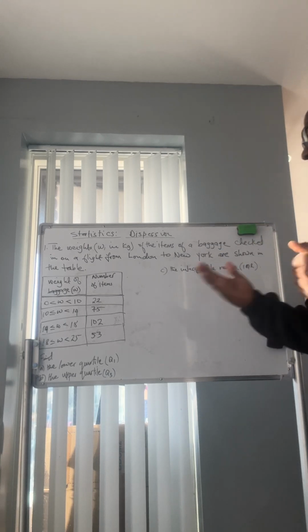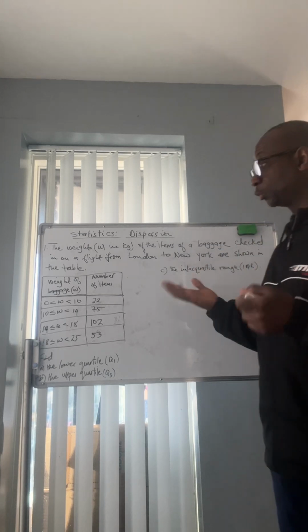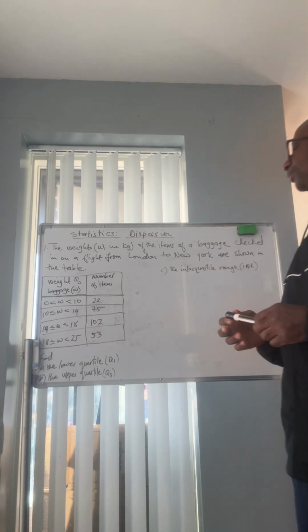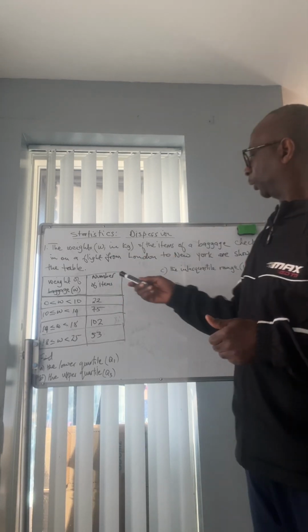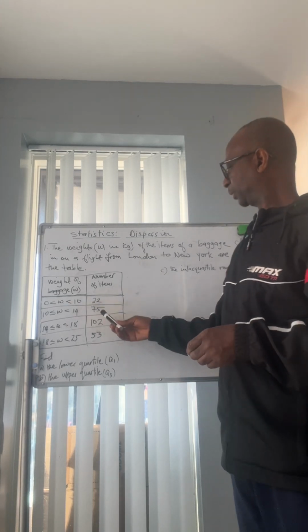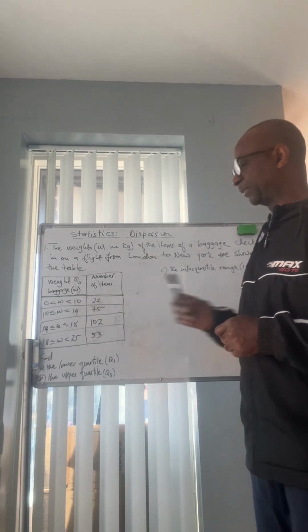It depends on the kind of information you are provided with, then you know which column to add. For this one here, we know the number of items here: 22, 75, 102, and 53.